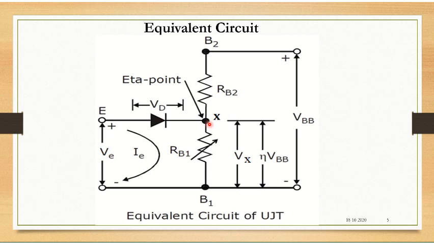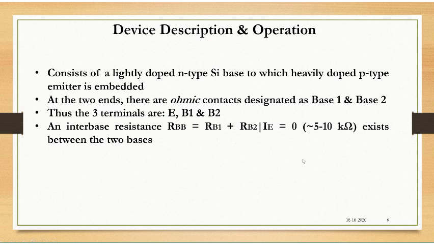The potential at this point, given by Vx, can be got by this voltage divider network, wherein Vx will be equal to RB1 by RB1 plus RB2 into VBB. So during the off condition, these are the points I have just explained. You can pause and observe it later.